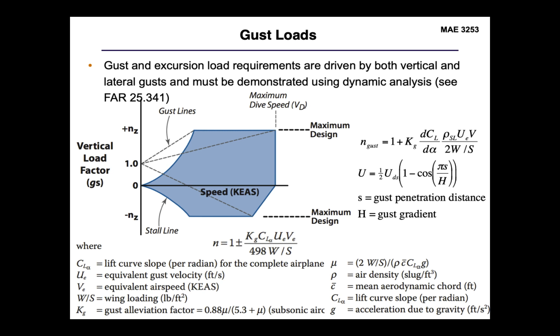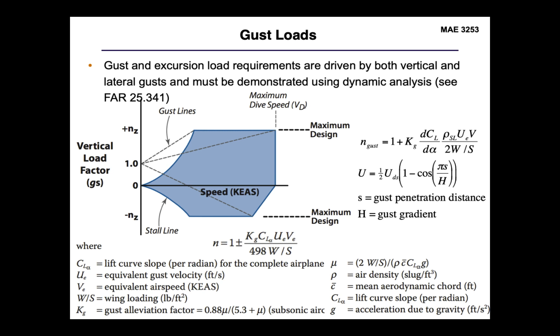As I mentioned, one piece of this is the actual gust loads. You have to be able to design your aircraft to withstand turbulence that you might encounter during flight. Without going into too much detail of this, these are primarily going to be designed based upon sharp penetrating gusts, meaning that you'll have a sharp edge or a step gust that you'll encounter on your aircraft, where it's going to very suddenly change not only the velocity but the angle of attack the aircraft is particularly experiencing at that given point in its flight.